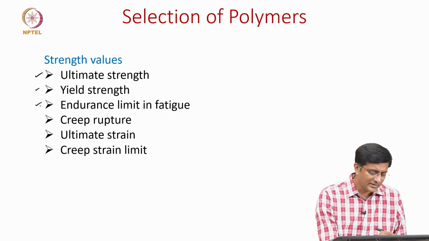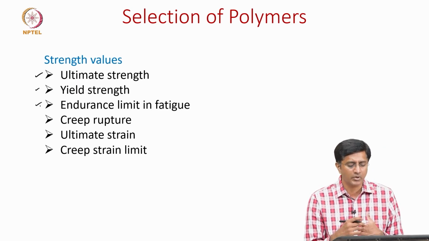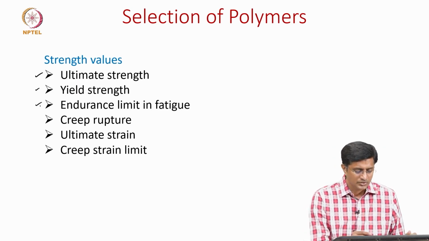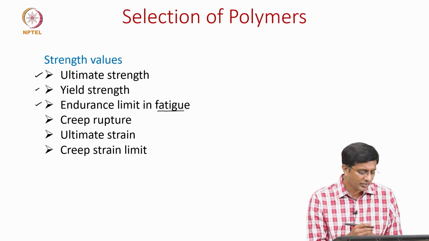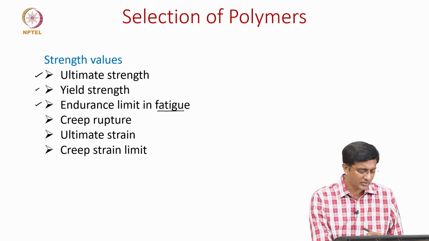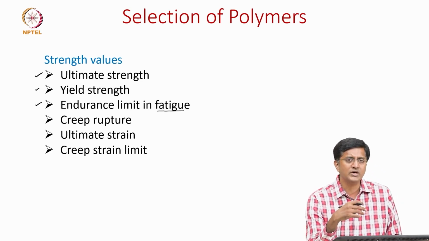And let us say now the kind of loading is not just quasi static, but also cyclic loads. Then we need to look into the fatigue aspects, and an important material parameter for the fatigue loads is the endurance limit. Some of these values are readily available either through the manufacturer or the design books.